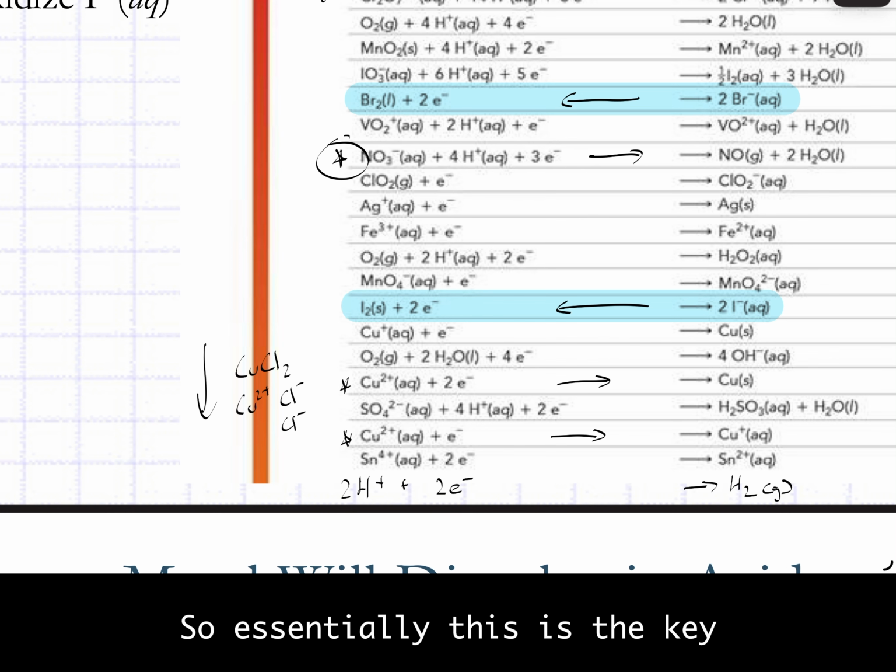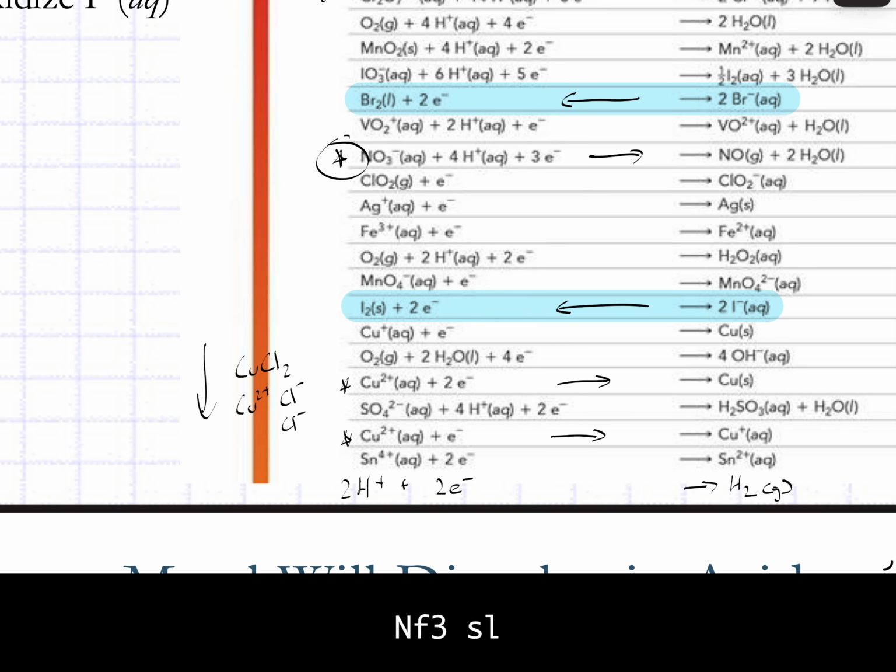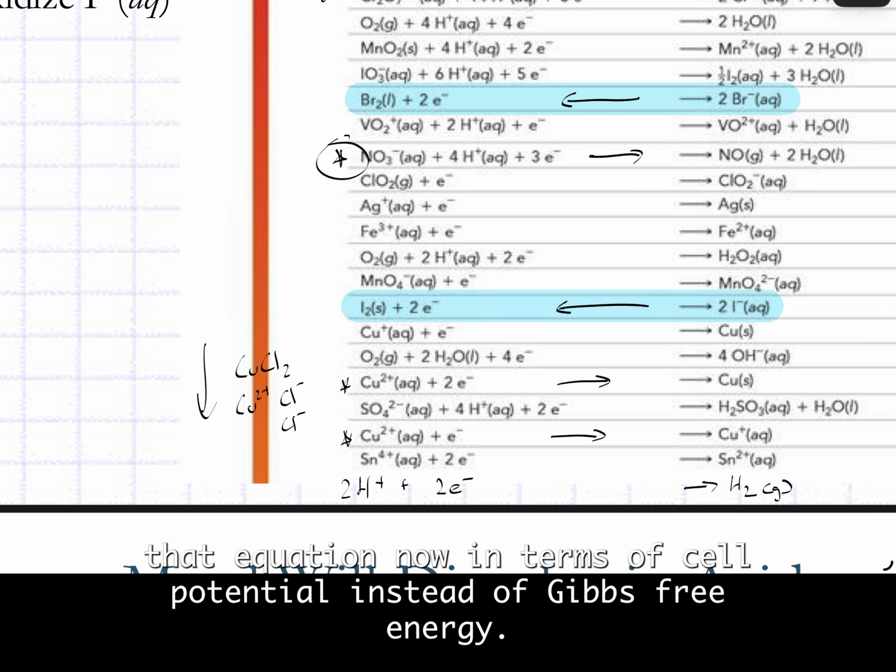Essentially, this is the key to relating cell potential and Gibbs free energy. Anywhere that Gibbs free energy exists in an equation, I can plug in negative n F E cell and rederive that equation in terms of cell potential instead of Gibbs free energy.